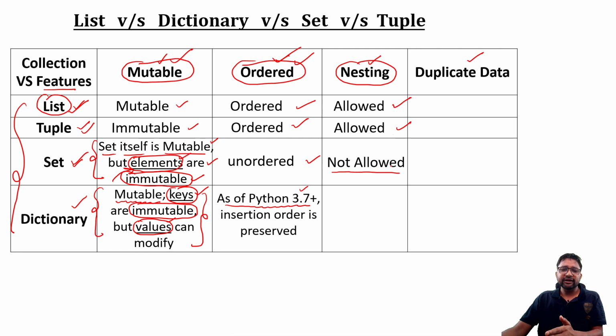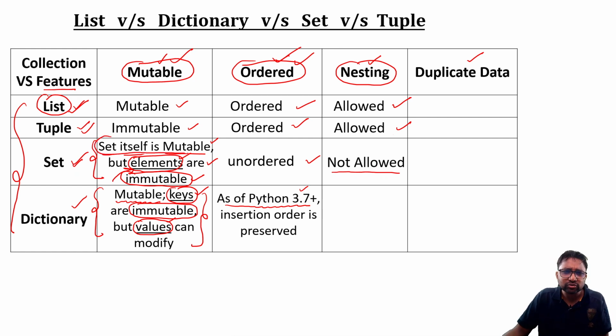The reason why a set is not allowing a set inside a set is that a set does not allow mutable items to get stored inside it, and a set itself is mutable.